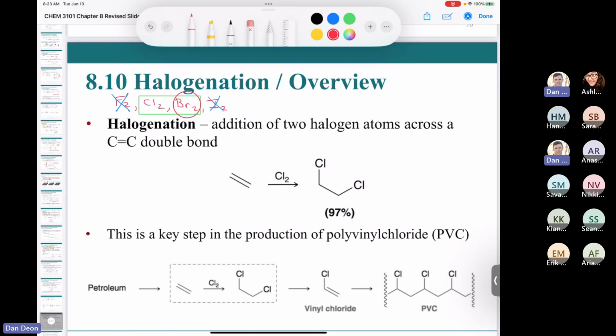If you take ethylene, this is ethylene or ethene, they both mean the exact same thing. Ethylene is the common name. Ethene is the systematic name. So if we do a chlorination or a bromination, so again, a halogenation, what we do is add 1 halogen to each one of the sp2 hybridized carbons.